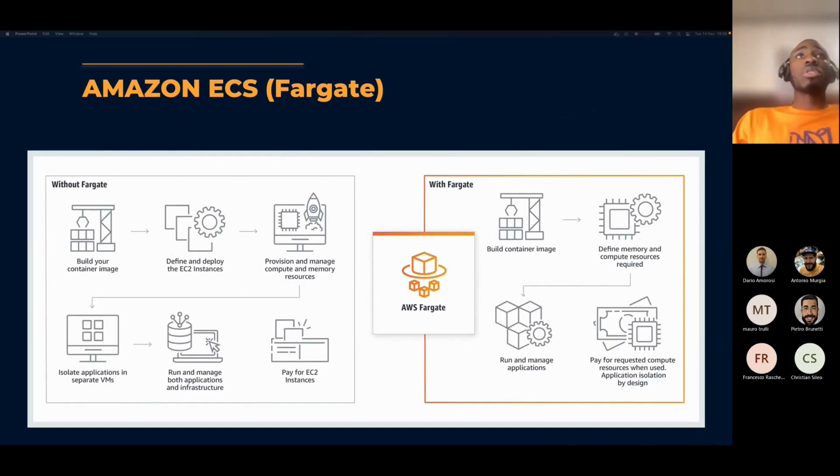And with Amazon ECS, you can choose to run in two ways. You can bring and manage servers, which in this case are EC2 instances, or virtual machines, or you can run in a mode called Fargate, which is my favorite mode, which is running serverlessly. Of course, serverless does not mean there are no servers.